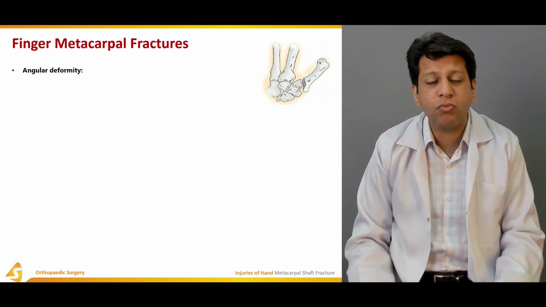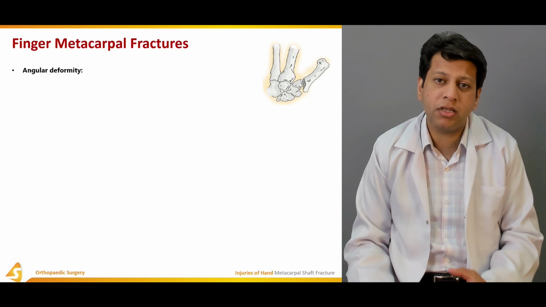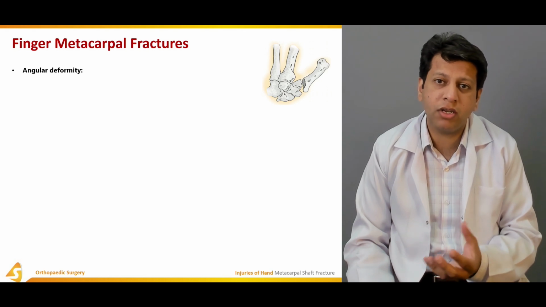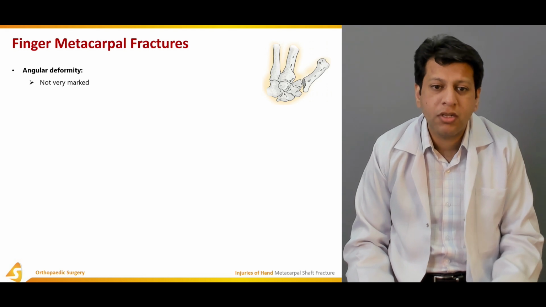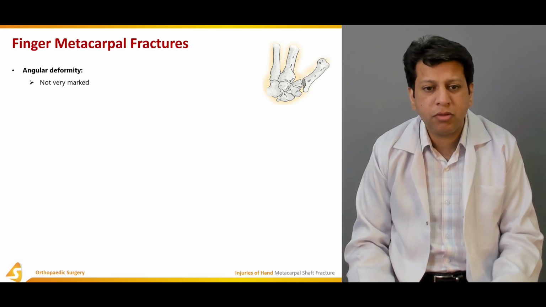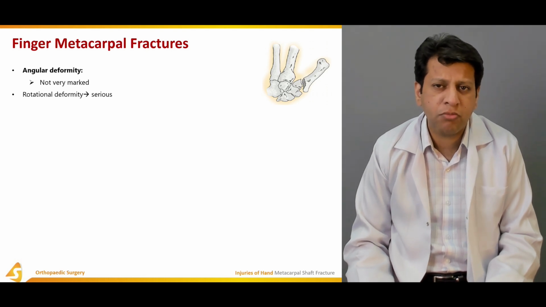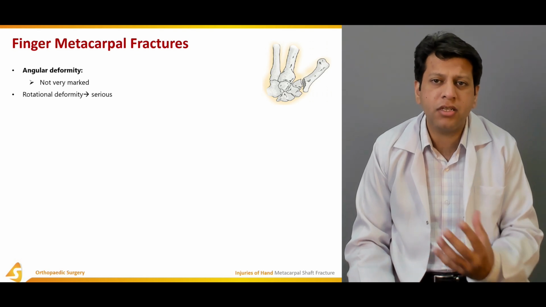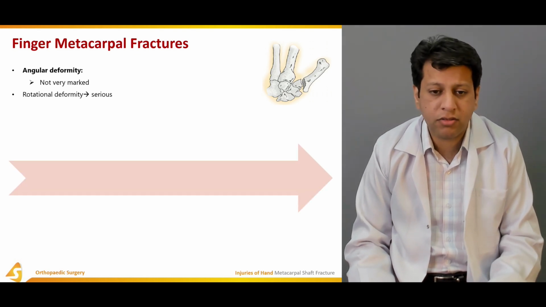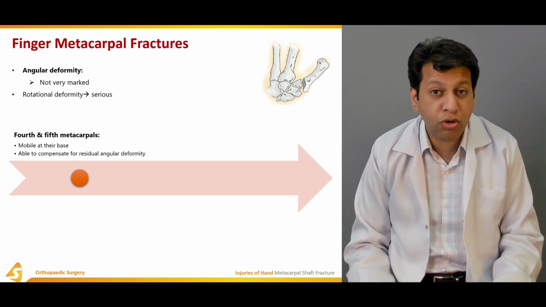Now what's important here is that we need to remember that there is longitudinal angulation, that is in the medial-lateral plane, and then there is rotational angulation. Angular deformity is not very marked and is not a problem, but rotational deformity is serious, because later on if fingers are rotated in a different plane, that will seriously hamper the hand function. The fourth and fifth metacarpals are more commonly injured. Why?